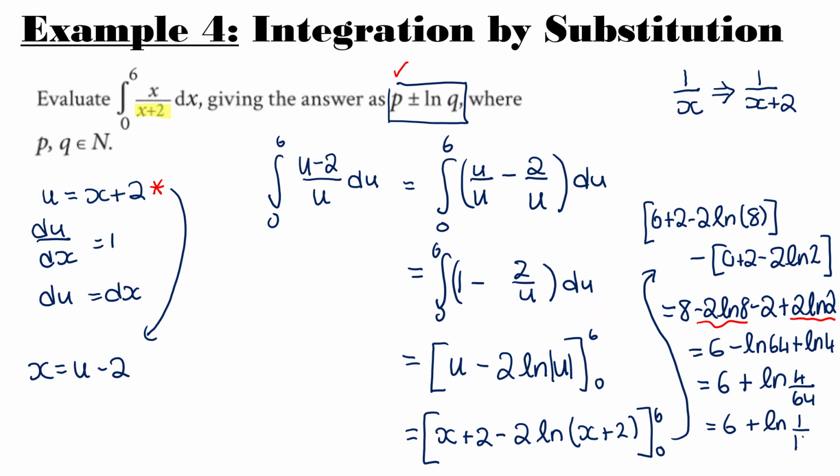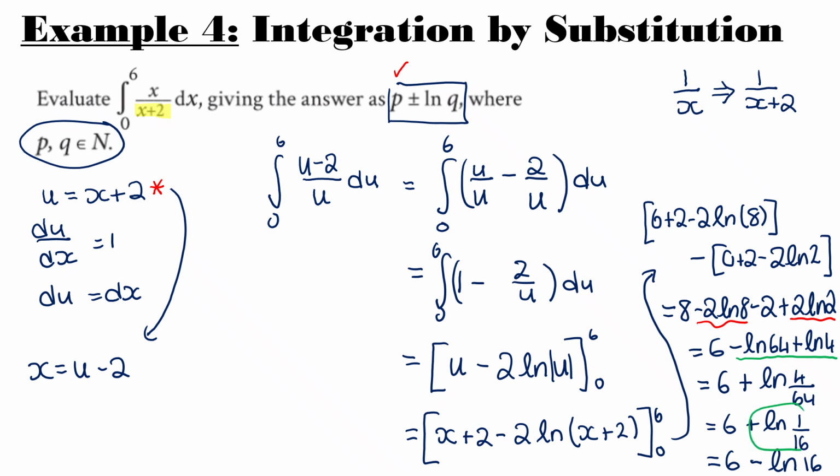1 over 16. Now, slight issue here in the sense they told me P and Q both had to be natural numbers. So what I'm going to do with my natural log here is I'm going to flip it, and that's going to make it a minus. So I get 6 minus ln 16. So what I could have done here is I could have put the 64 over the 4 and made it negative.